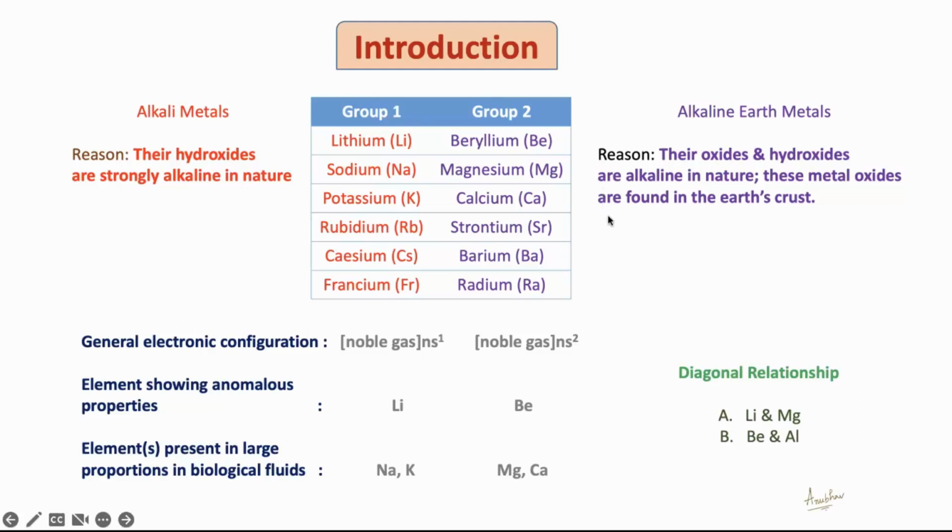That's why they also possess some properties similar to one another. These two pairs of elements, lithium and magnesium, and beryllium and aluminium, are called diagonal relationship elements. We will discuss this in detail in the later slides.